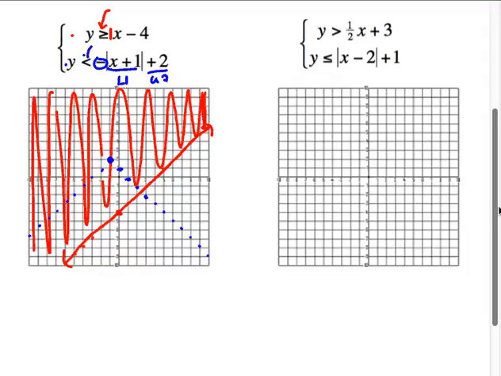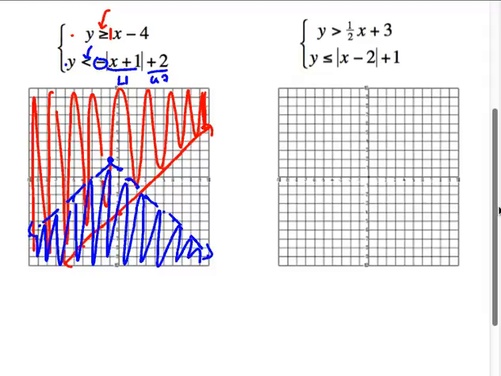Here I interpret my sign this time, dashed line. That's because it's strictly less than. And of course less than, I look at my vertex and I shade below the vertex. And in this case, that's going to be within.